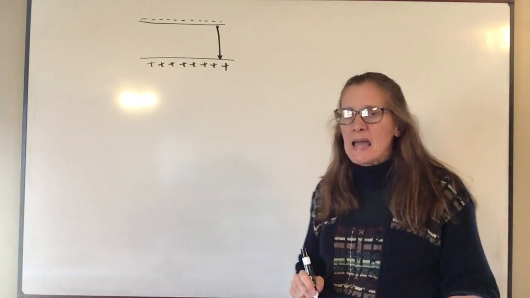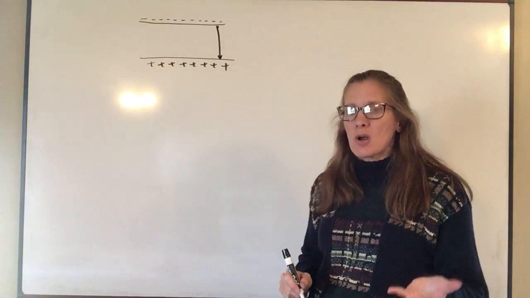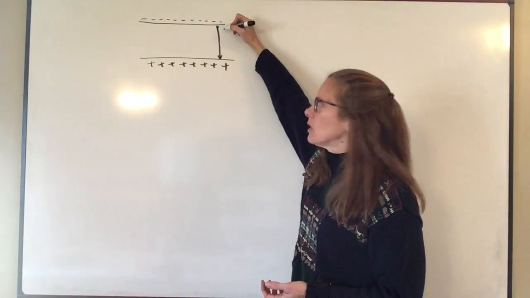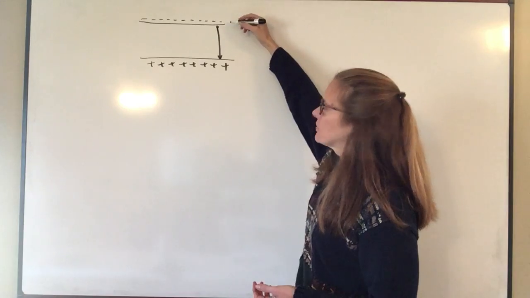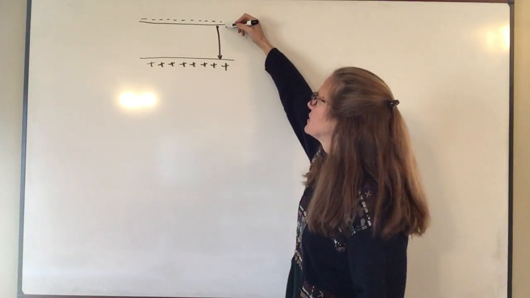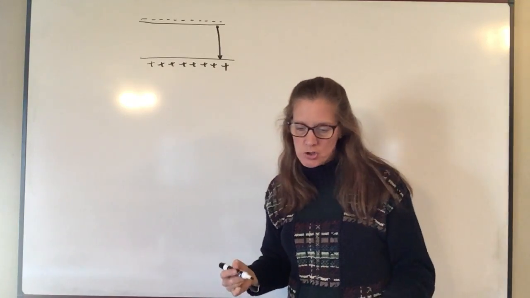Now, that makes sense because an electron has a negative charge. Negative charges repel each other, and so that negative charge is going to be attracted to the positive plate. So yes, obviously it's going to want to travel that direction.